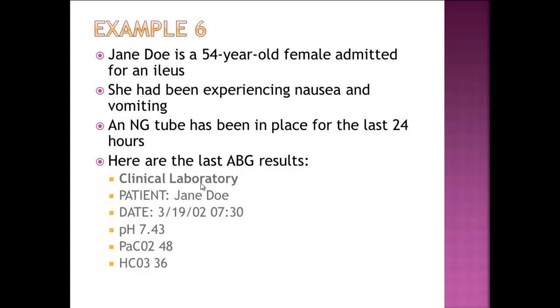Her PaCO2 is slightly elevated, that would not have caused an alkalosis. And the HCO3 is elevated, that would have caused an alkalosis. So this is a metabolic alkalosis that has been fully compensated because the pH is back within normal.